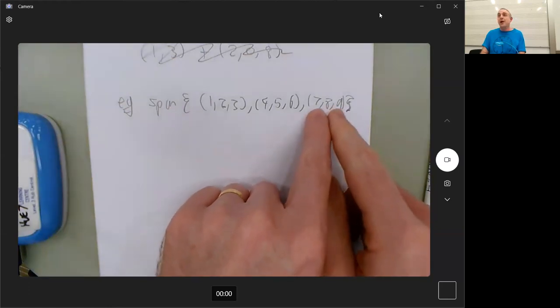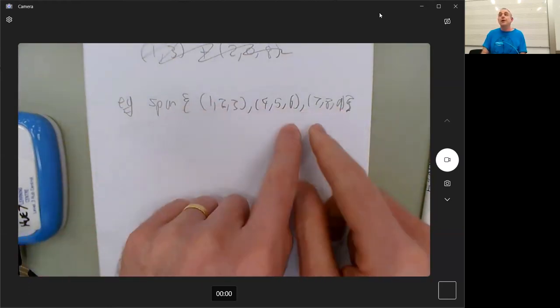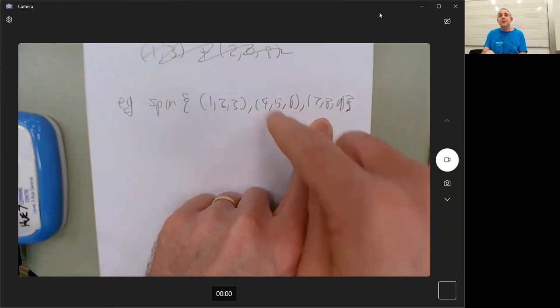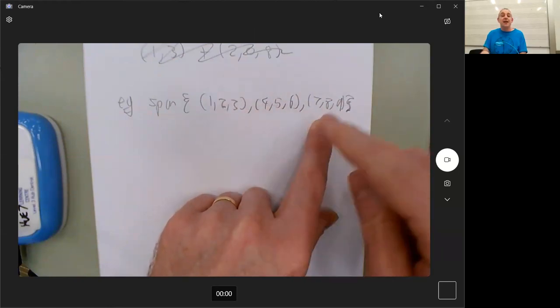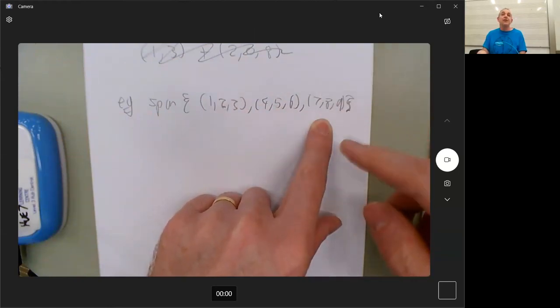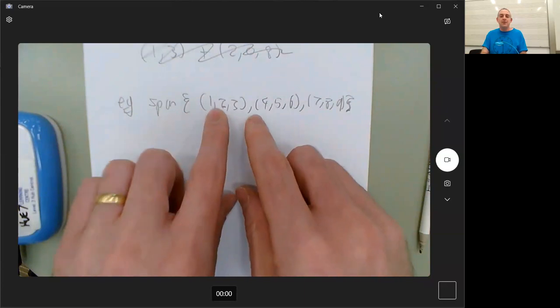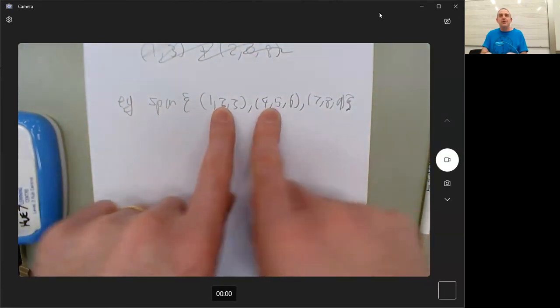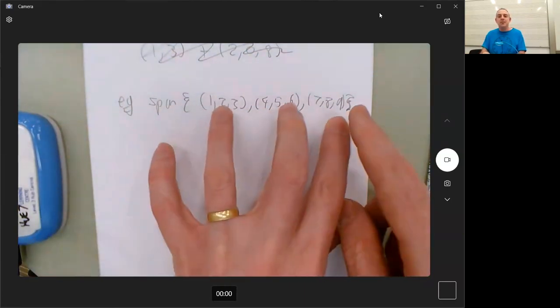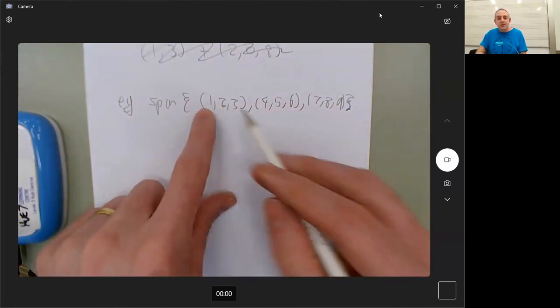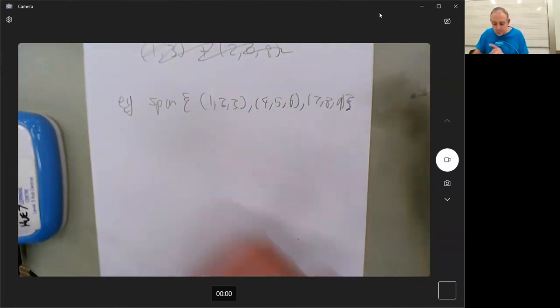Because this vector is already a linear combination of these two, it's already covered in the combinations of those two. And so adding extra 7, 8, 9s doesn't add any extra vectors. The linear combinations I can make from these two is the same as the linear combinations I can make from these 3.